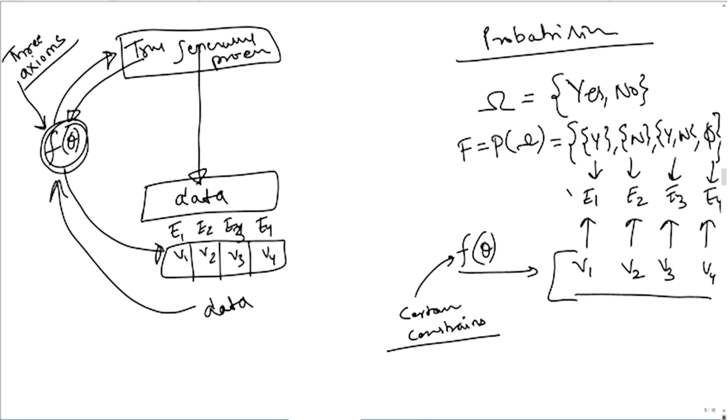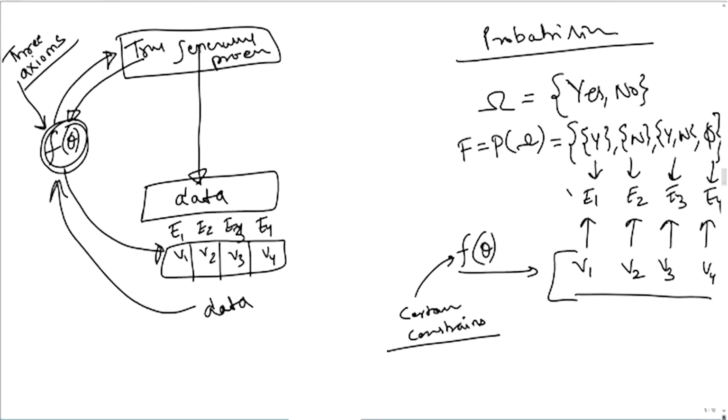The true generative process is a probability assigner function. It assigns some real values to events in your event space, which would determine which event would be more likely, which event would be less likely. So when we are trying to infer the true generative process, what we are trying to infer is the actual true probability assigner function that is behind your data.